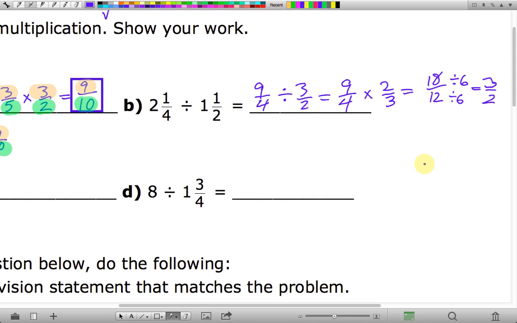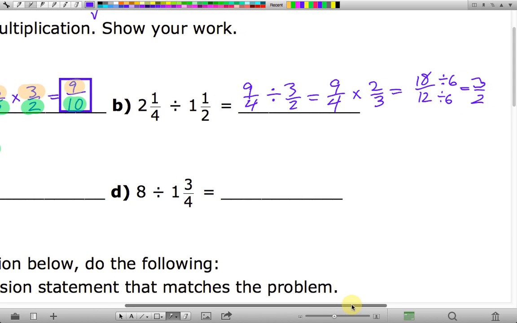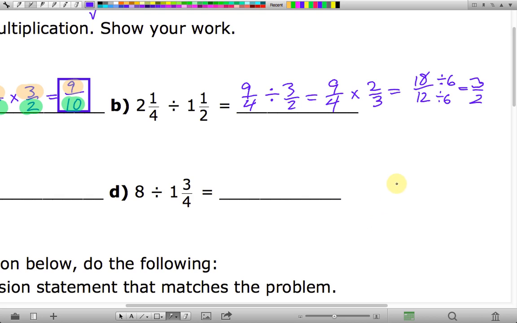So this isn't the greatest method, because there's actually a better way. Let's take a look at how we're still going to get an answer of 3 halves, but we're going to do it in a simpler way. We're going to recognize right off the bat that between a numerator and a denominator, there's a common factor of 3 that we can divide out.